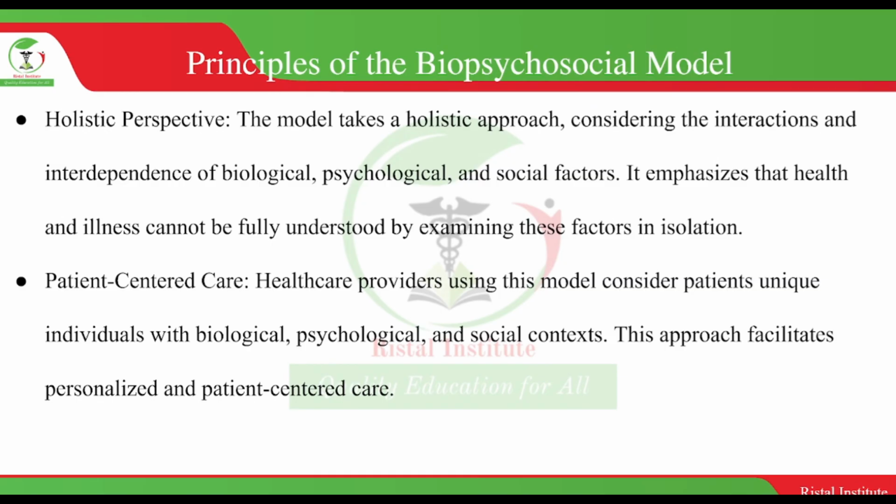We also look at what are the circumstances around this patient. Okay, that's when we look at the social factors, and then we also look at the psychological well-being. So that is the holistic perspective, that we do not only look at the physical and biological angle.